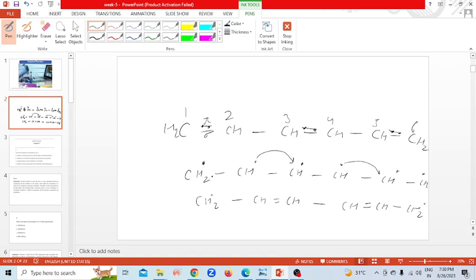So what is happening? The compound is the same, but the position of the pi electron is changing. Initially it was between carbon 1 and 2, but in the second case it is between C2 and C3. So the position of the double bond is changed.